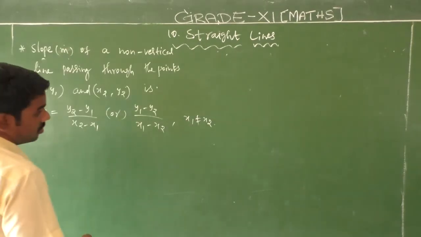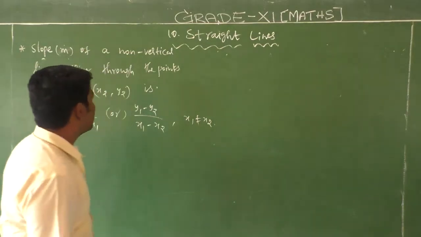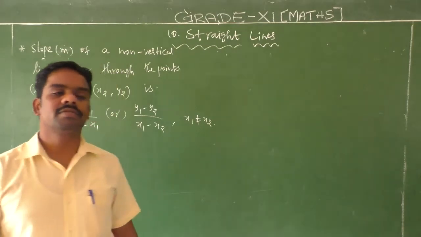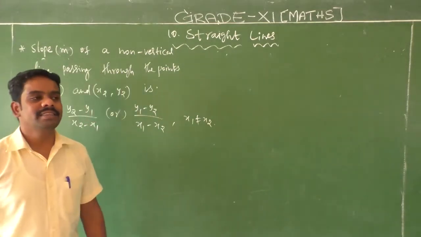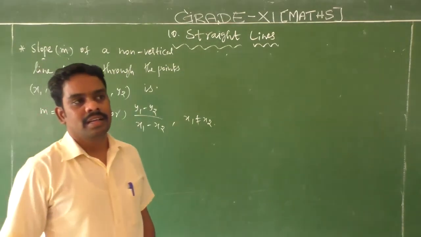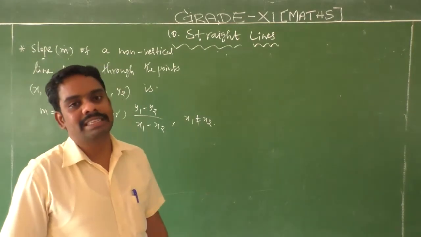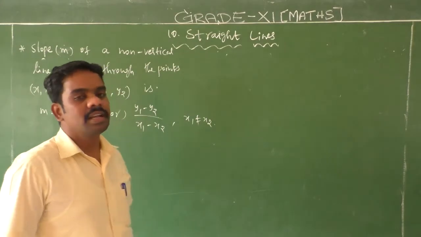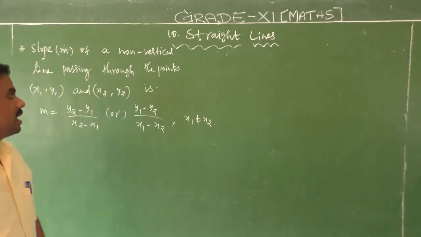Slope of non-vertical lines passing through 2 points. The general formula, the slope of a line L is m equal to tan theta. Slope is also called gradient. Gradient of line or slope of line is m equal to tan theta.